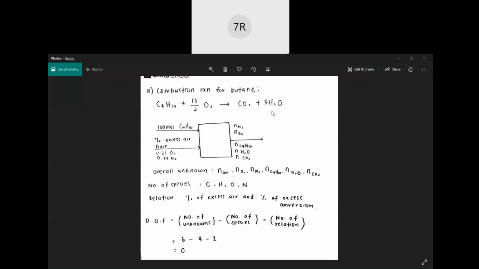Since this is complete combustion, we assume that it starts with 100 mole of butane.